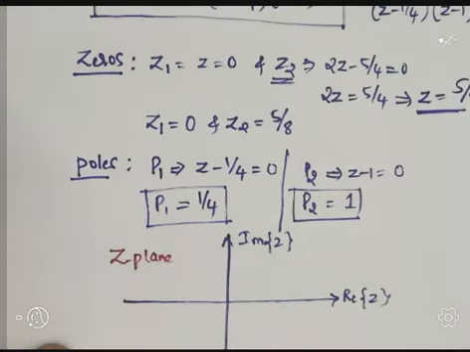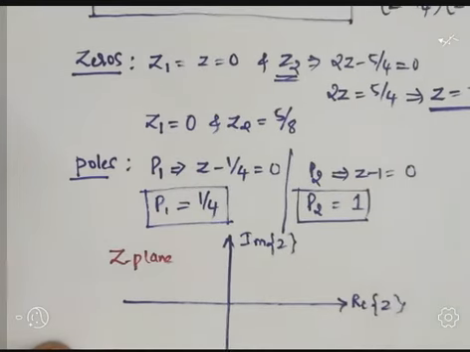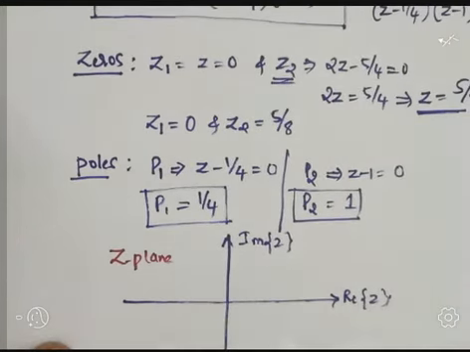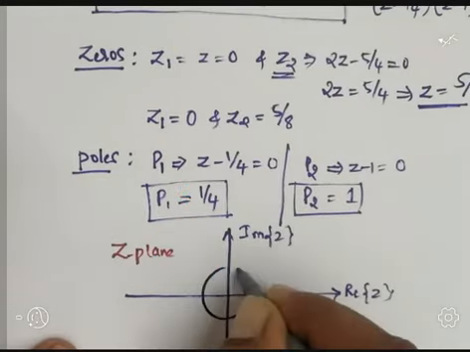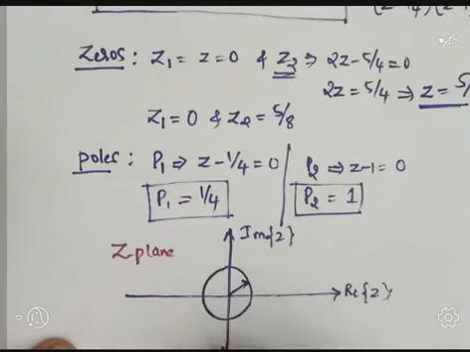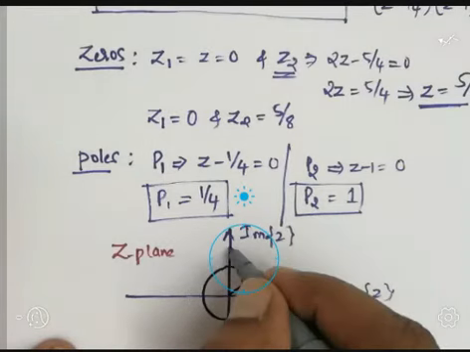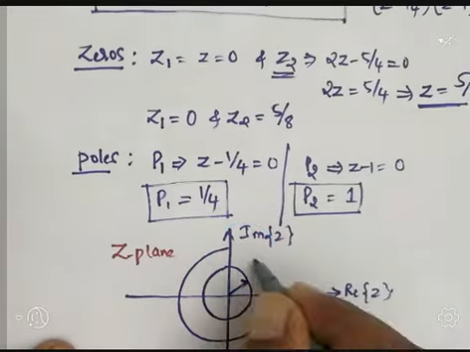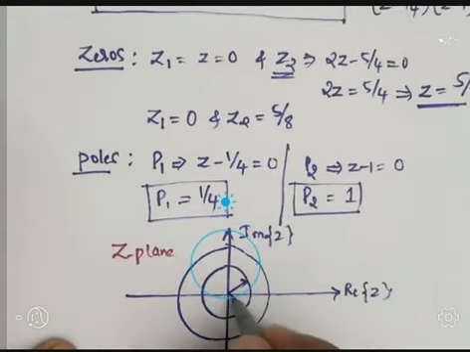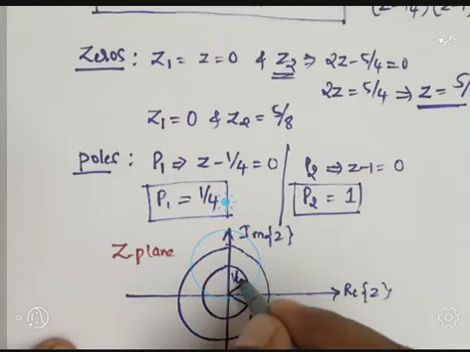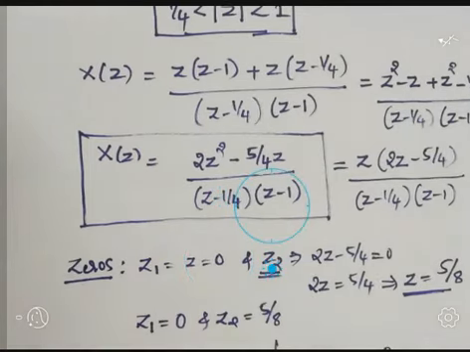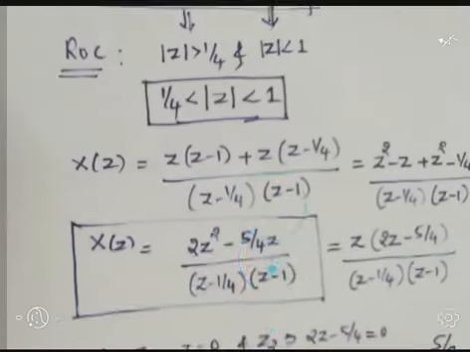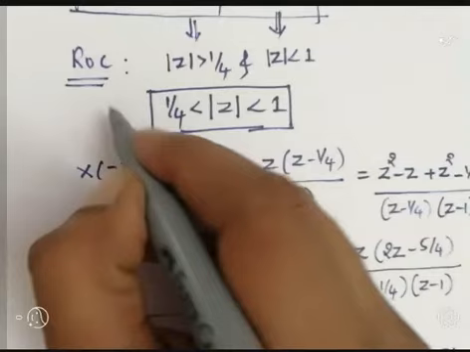Now we have two circles. One is having the radius 1 by 4, small circle having radius 1 by 4. Second one is having the radius 1. This is radius 1. This is 1 by 4. But ROC is where? Here we can see, this is ROC.